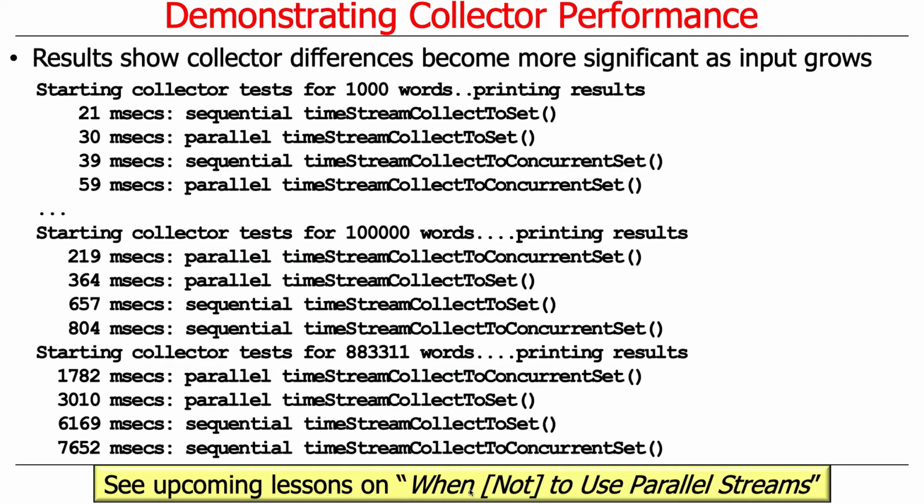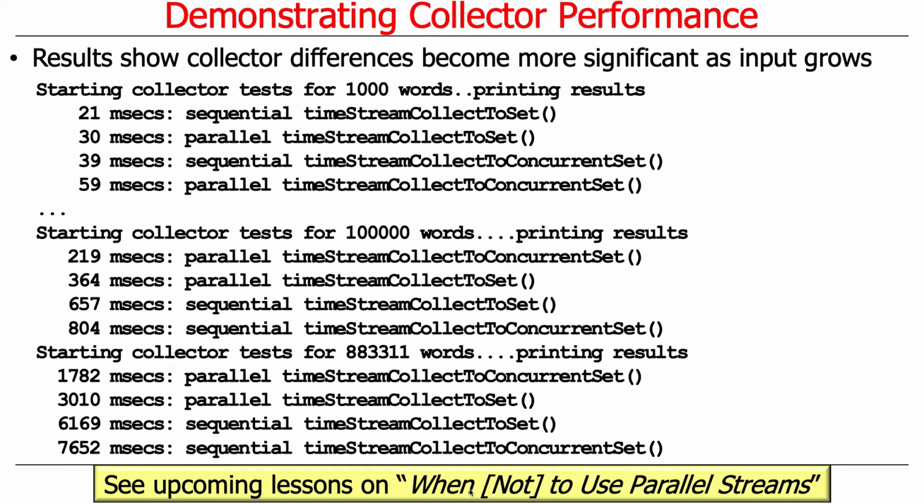In this particular case, we're going to compare a version that uses a hash set as the data structure we're combining. As you'll see, the hash set is going to have both sequential and parallel implementations. Then we're going to compare and contrast those to something that is a concurrent hash set.